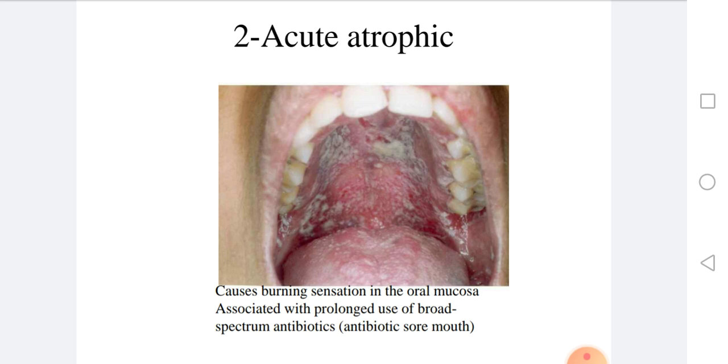Here you see the palatal region, the tongue, and here the patient usually has burning sensation in the oral mucosa, and the disease is associated with prolonged use of broad spectrum antibiotics, and therefore it is referred to as antibiotic sore mouth.